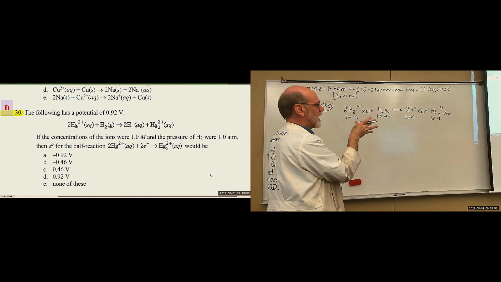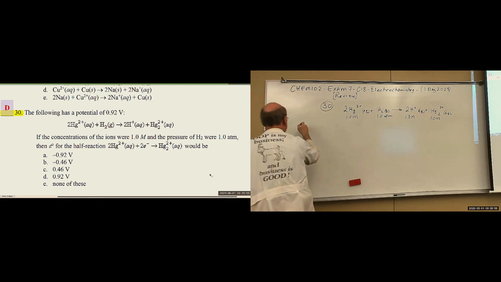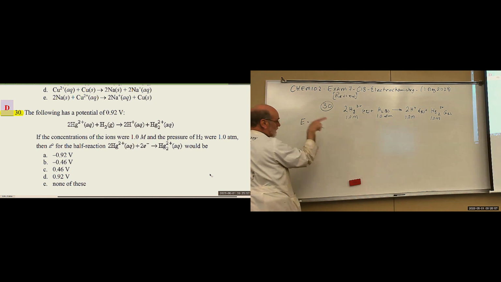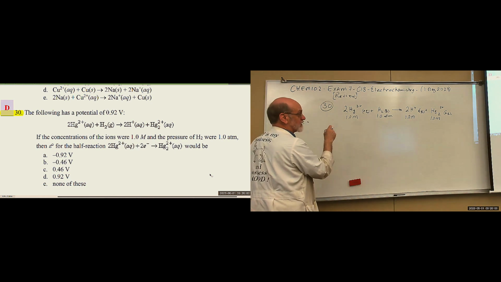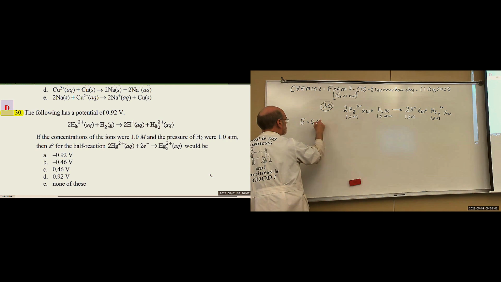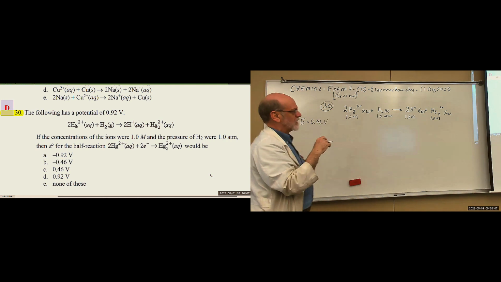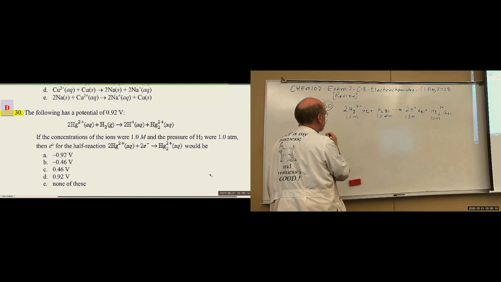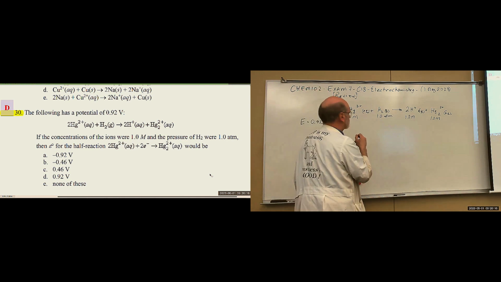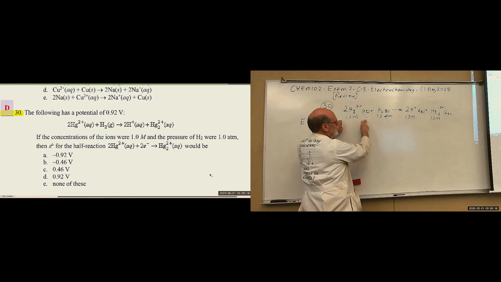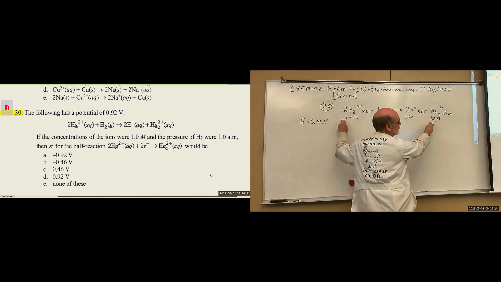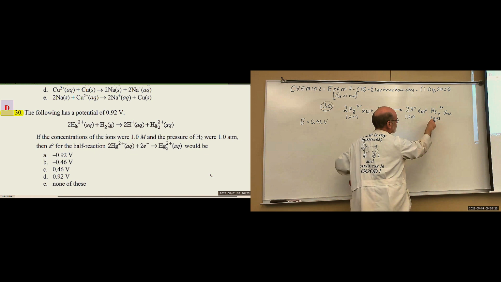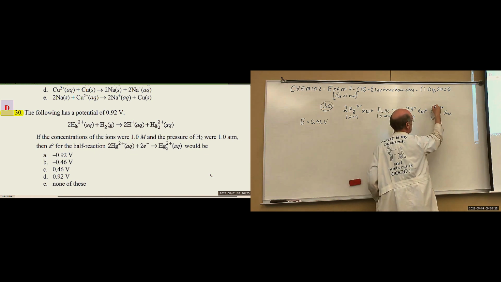The E0 for the half reaction. Oh, the actual value measured in this galvanic cell, pardon me, is 0.92 volts. Okay. So what would be the E0 for the half reaction? All right, this one is plus 1, isn't it?